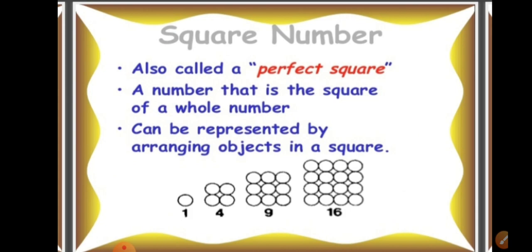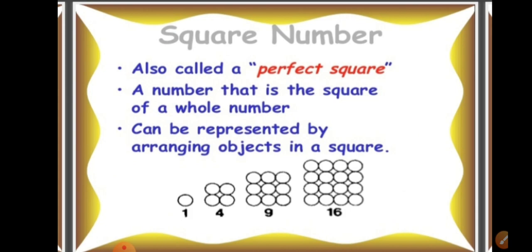First of all, we should know what a square number is, which is also known as a perfect square. A number that is the square of a whole number can be represented by arranging objects in a square.